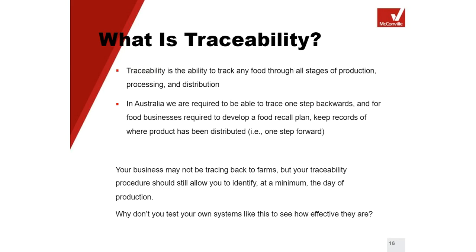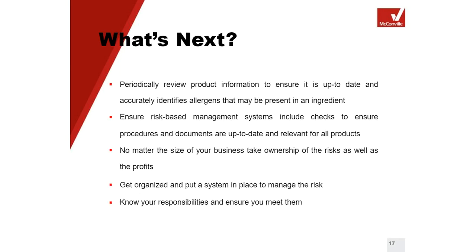And now just down the bottom of that slide, I do have there that your business may not be tracking the products back to farms, but as a minimum, your traceability should still allow you to identify products that were produced on the day, where that product has been supplied from on the day, and also one step forward, so who have we sent that product to.